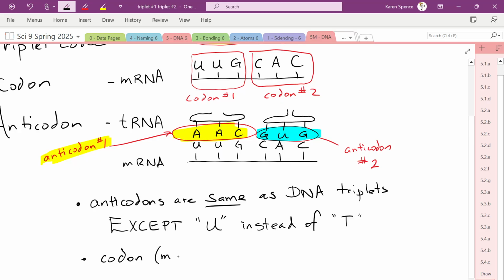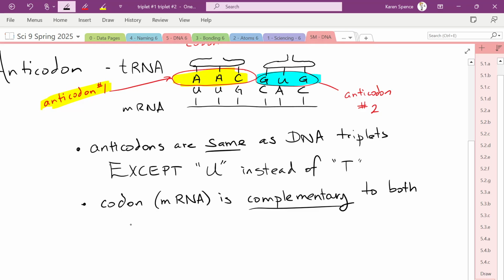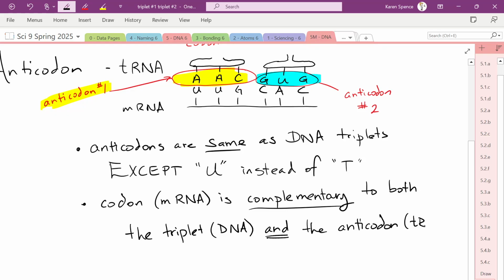The codon, the mRNA, is complementary to both the triplet, which is the DNA, and the anticodon, which is the tRNA.